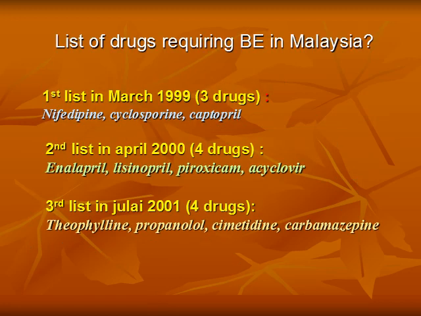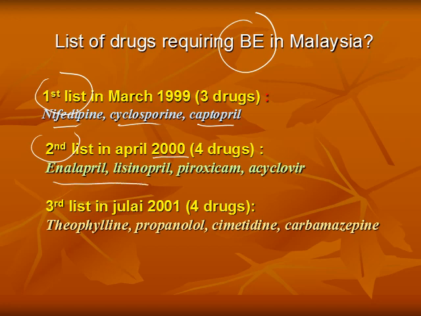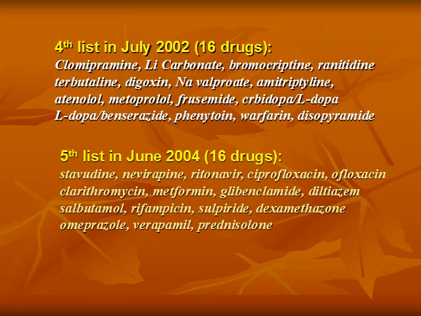Okay, the list of drugs requiring bioequivalence study in Malaysia: the first list includes nifedipine, cyclosporine, captopril. The second list was in 2000. The third list in 2001 includes theophylline, propranolol, cimetidine, carbamazepine. Then the lists in 2002 and 2004.